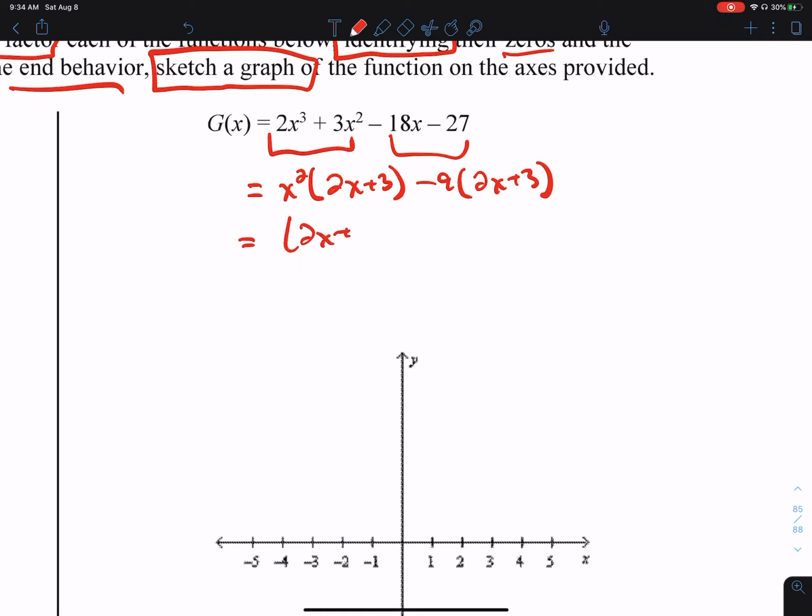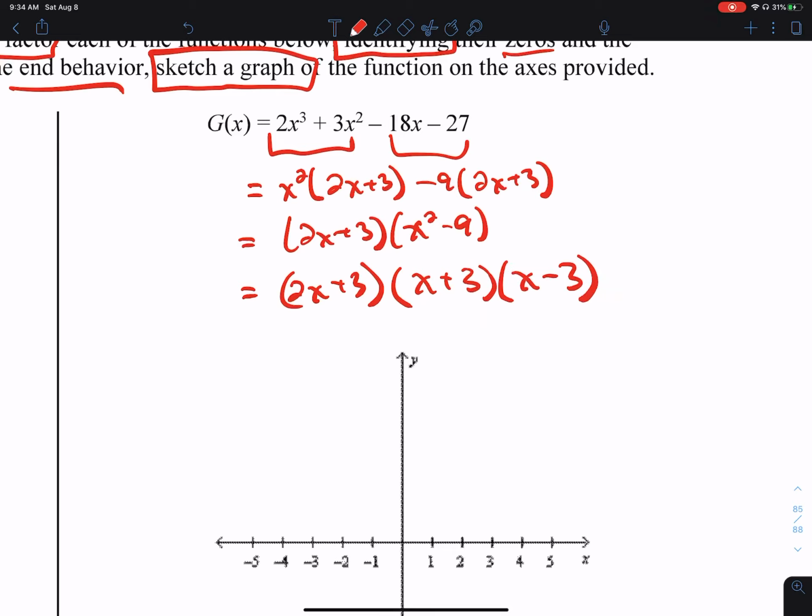We could factor the 2x plus 3 out to the front. x squared minus 9 is behind it. x squared minus 9 is the difference of two squares, which factors into two binomials, an x plus 3 and an x minus 3.